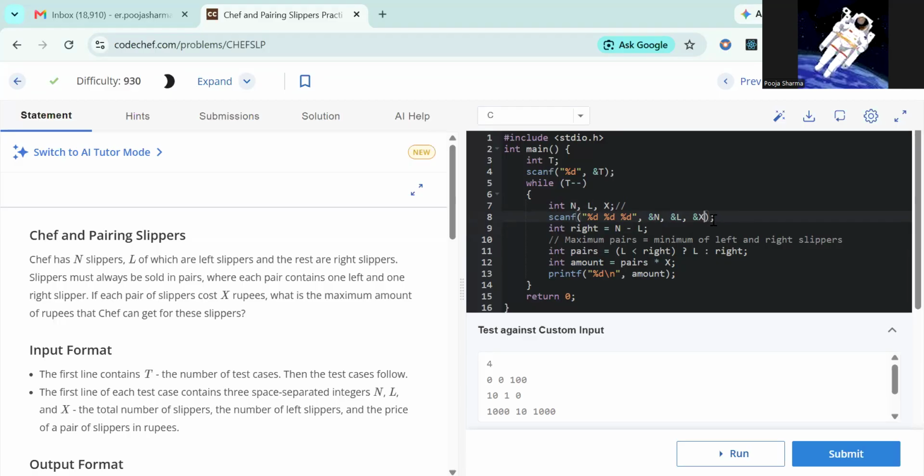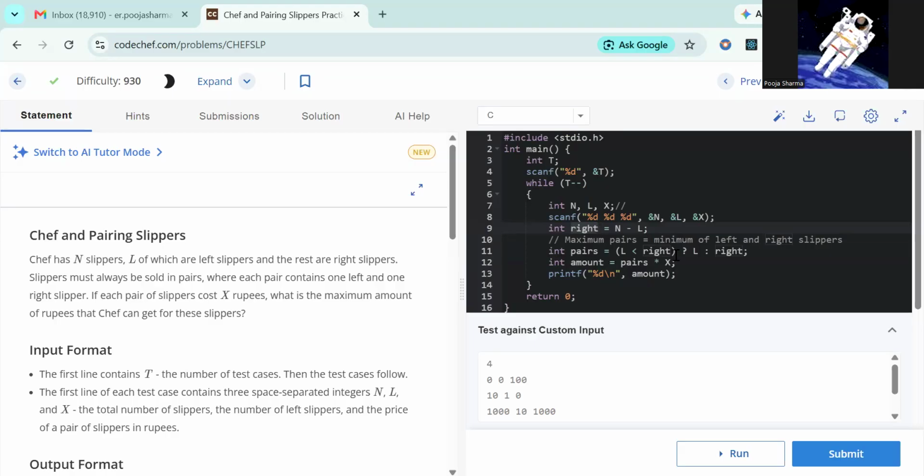So you multiply by x, then you find the money. So first of all, since I know the total and I know L, I will find out the right. Okay, once I find the right, now I have to find how many maximum pairs I can have from right and left.